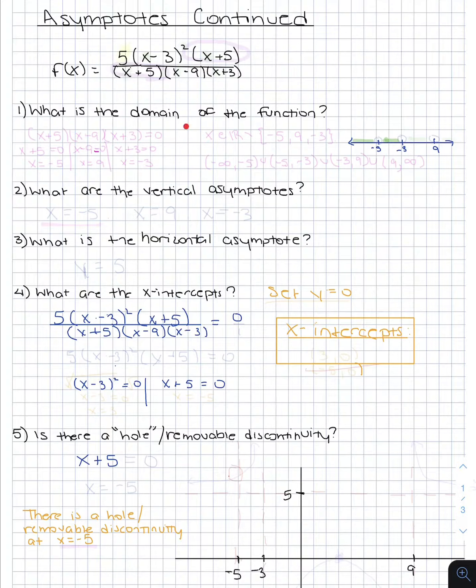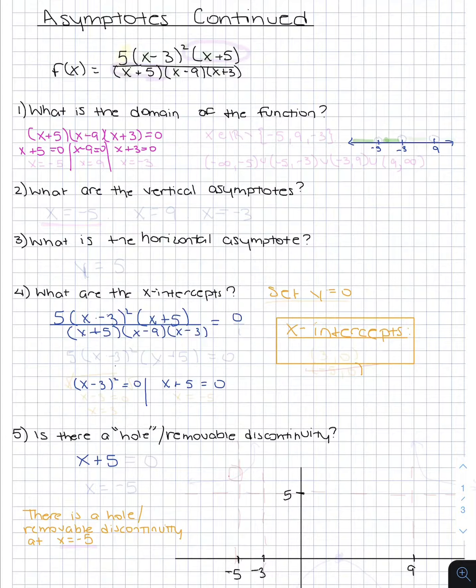to 0. So we solve for x where (x plus 5) times (x minus 9) times (x plus 3) equals 0. By using the zero product property, we can set each of these equal to 0 since they're being multiplied to each other. So we have x plus 5 equals 0, x minus 9 equals 0, and x plus 3 equals 0.